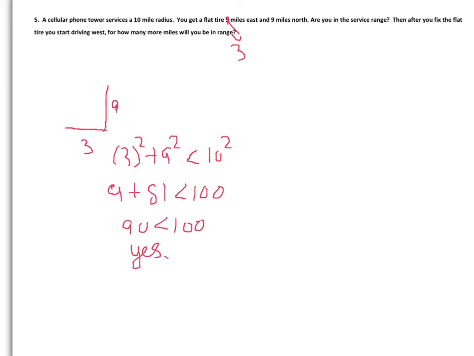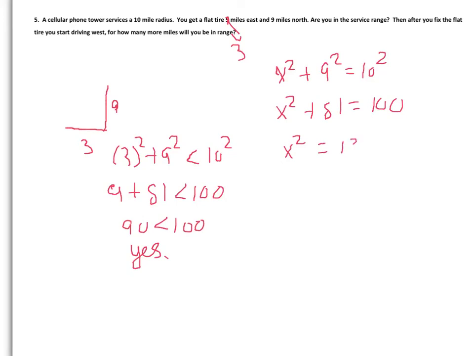You start driving west. So how many more miles will you be in the range? Okay, so we've gone north, right? So we have to keep that y value. So we have x squared plus 9 squared equals 10 squared. So x squared plus 81 equals 100. Subtract the 81.